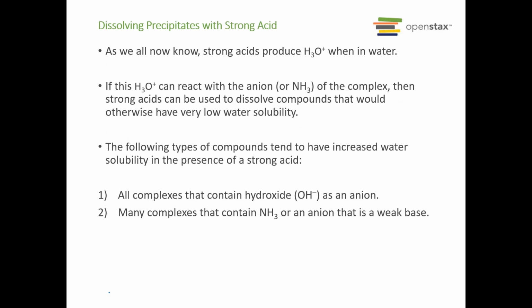For example, if we take something that's a strong acid, we know that strong acids produce H3O+. So if we have something like an anion or an NH3 that will react with the H3O+, we can increase the solubility. Anything that has a hydroxide ion or an ammonia or an anion that's a weak base, we can use the H3O+ to help dissolve those.